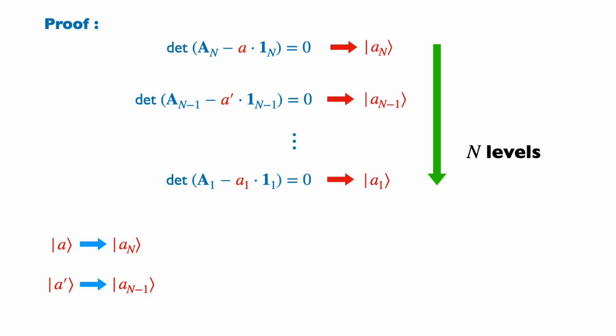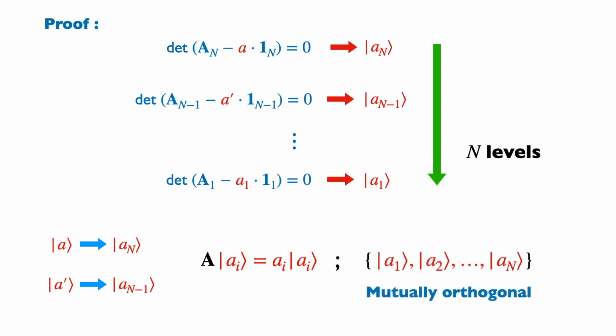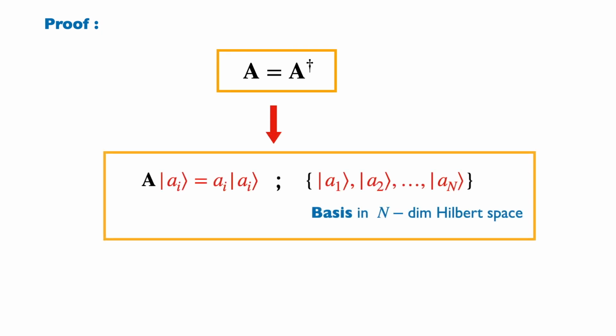We have a set of n vectors that satisfy the eigenvector equation of operator A, which are mutually orthogonal. Therefore, we can conclude that the eigenvectors of a Hermitian operator form an orthonormal basis. As a result, A can be expressed in the diagonal form.